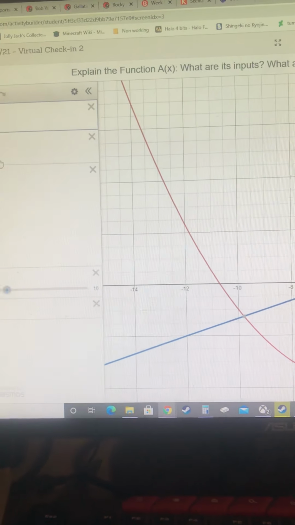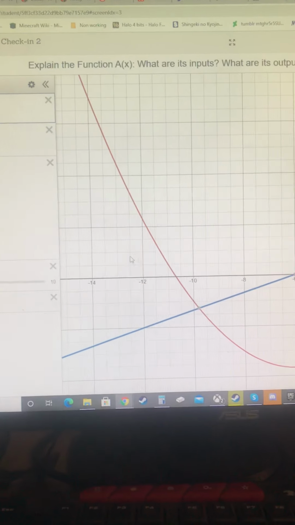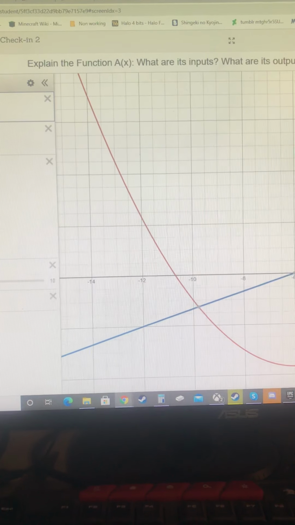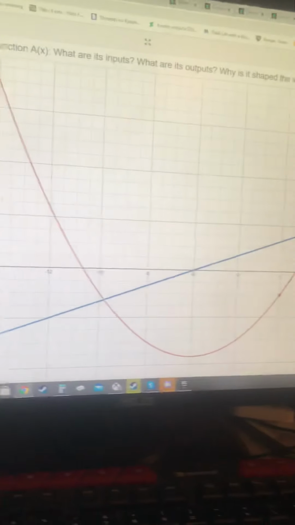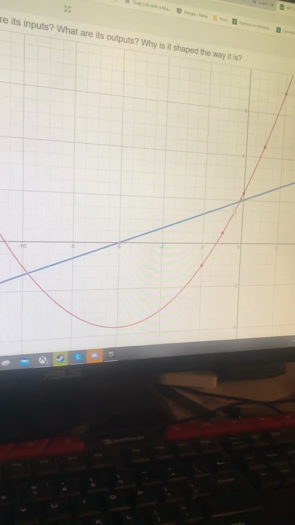For the input, A would be the leftmost, where we would start integration, and then the x on top would be where we would end the integration on the right side.